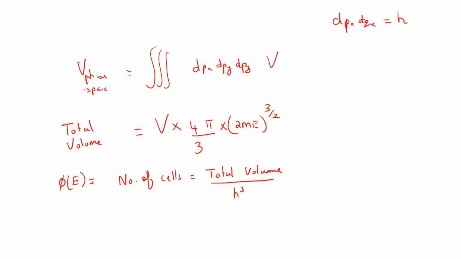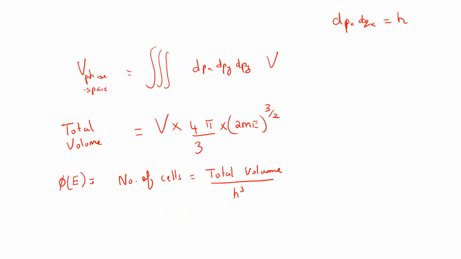The physical meaning of phi of E is nothing but the number of states, the number of microstates in that particular energy level. For a single particle, the number of accessible microstates will be equal to the number of cells in phase space.